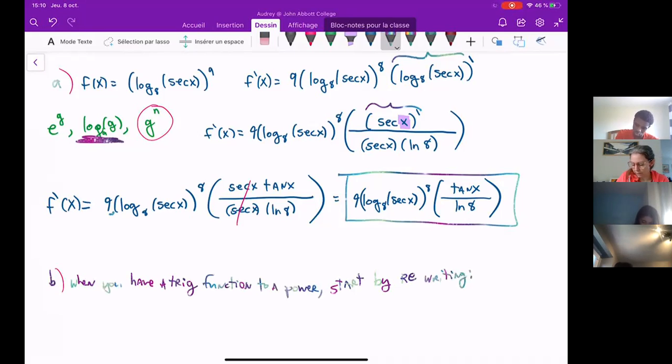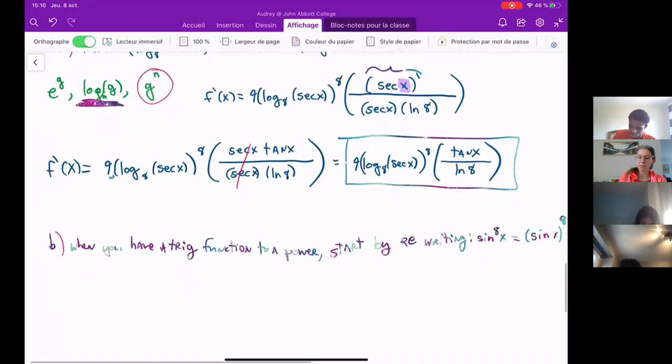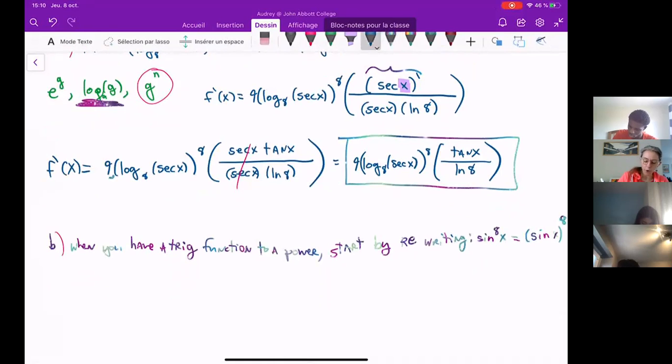So an example of this, if I have sine to the 8 of x, we've seen that that's the notation we typically use for trig functions, but it can be confusing inside of derivatives. So we're going to rewrite it with parentheses and move that power to the end. And that's sometimes helpful for identifying what rule you want to use.